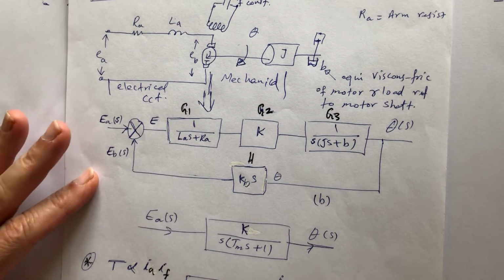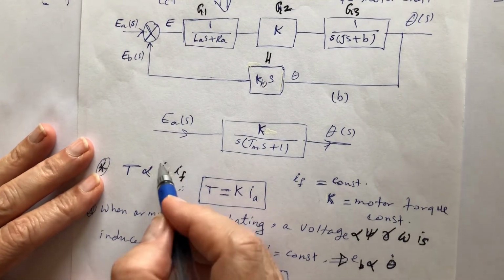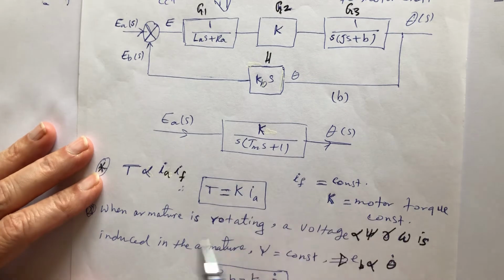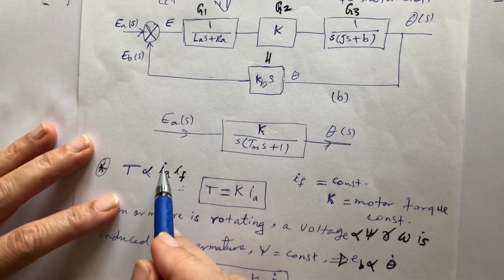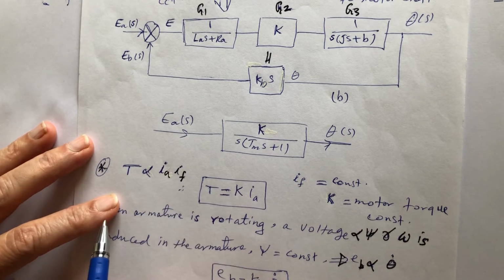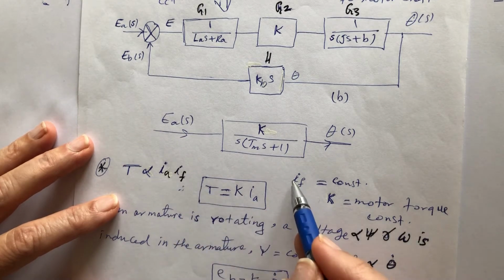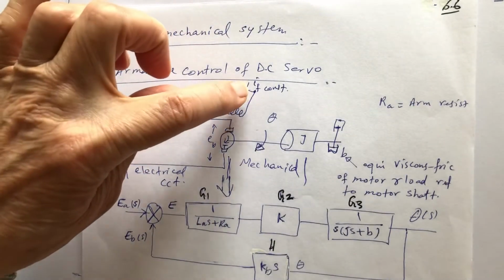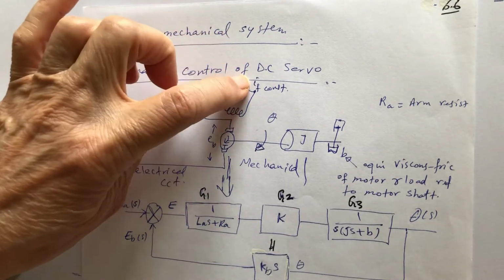So how can I start? Let's start. First we said that a torque will be developed. This torque is proportional to IA and IF. Because IF is constant, the flux is constant.